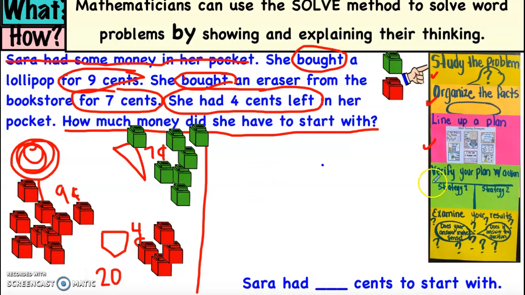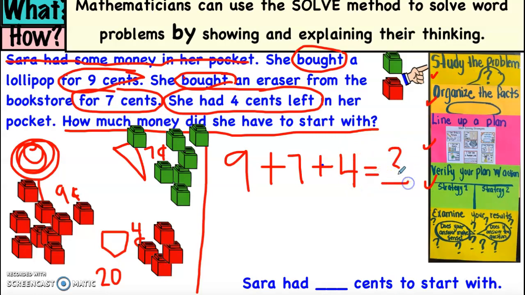So let's see. Let's verify our plan with another strategy. So she had 9 cents that she spent for the lollipop, plus 7 cents for the eraser, plus the 4 cents that she had in her pocket. How much money did she have in the beginning? Right?